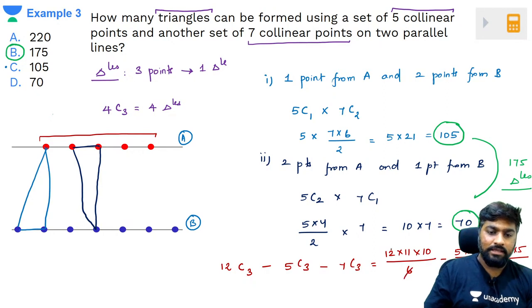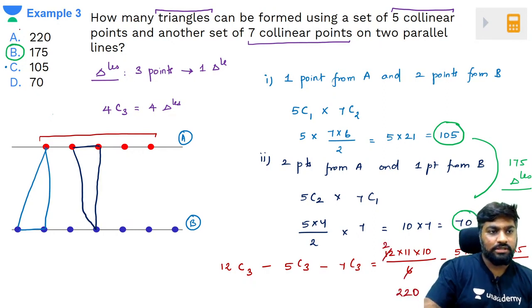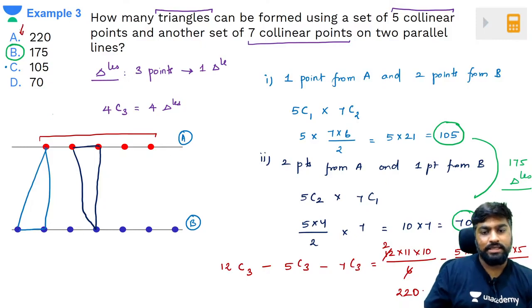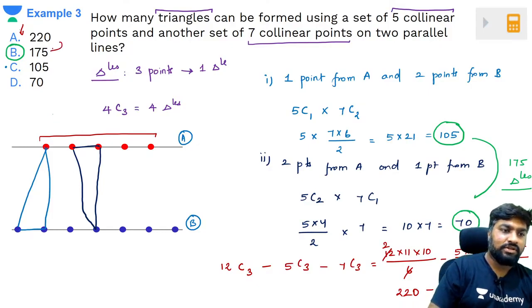So what do I get? I get 220 total possible ones. Be careful about this answer choice. Minus 10 minus 35. So 220 minus 45 is 175. There's a total of 175 triangles.